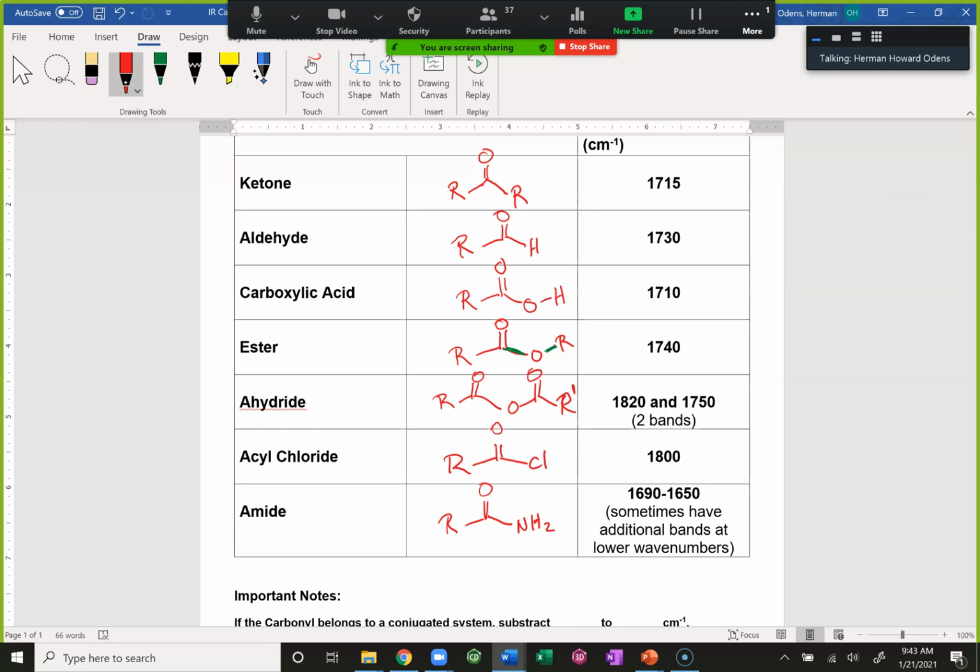If you have an R and an R prime, then you will have one peak, and none if you have two R primes. All right, so here are the numbers for that: 1690 to 1650.